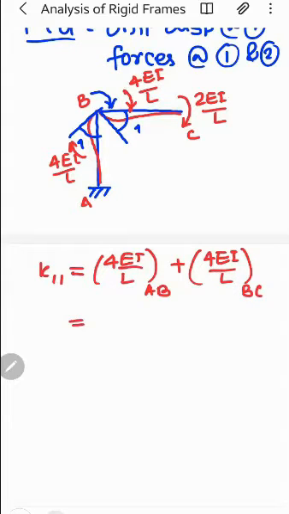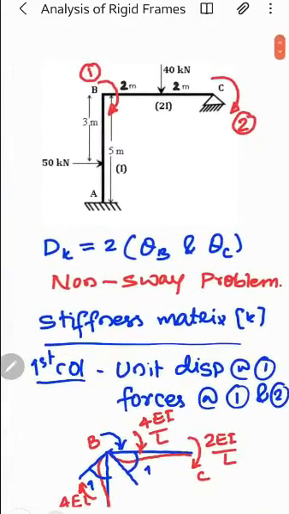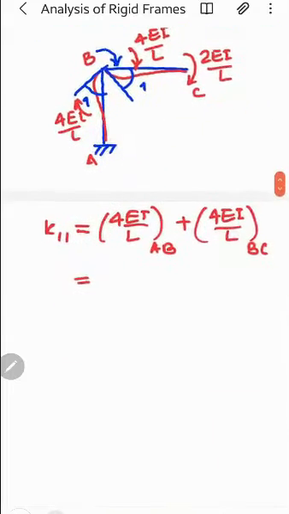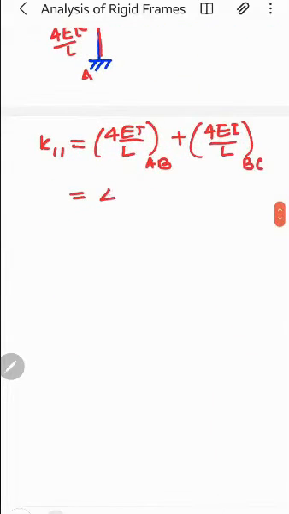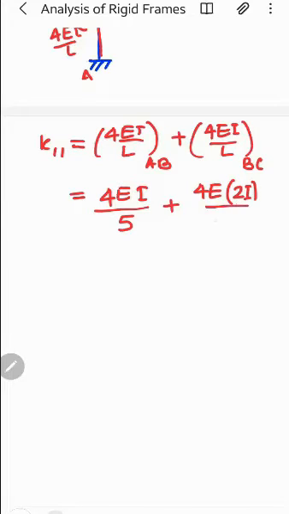Substitute for EI and L. I is different: for AB it is I, and for BC it is 2I. So 4E into I for member AB with length 5, plus 4E into 2I for member BC with length 4. If you calculate this, it will be 2.8 EI.